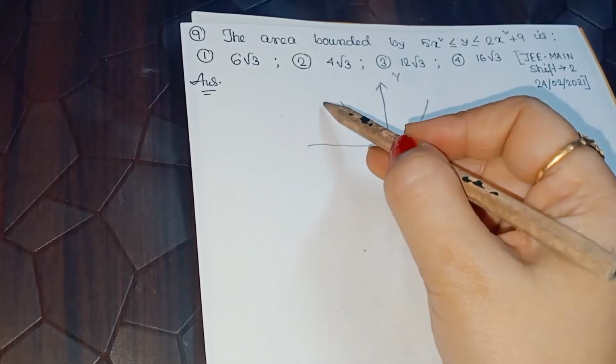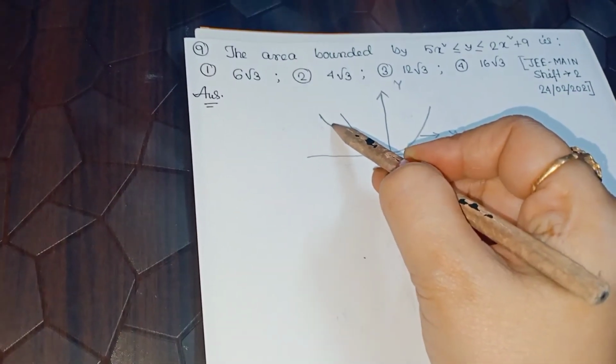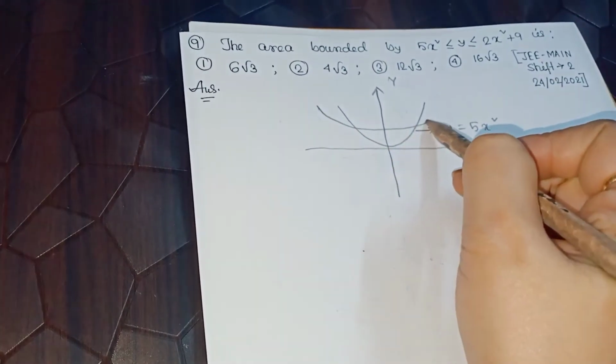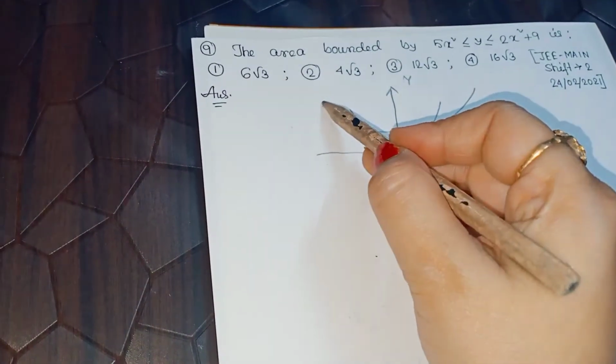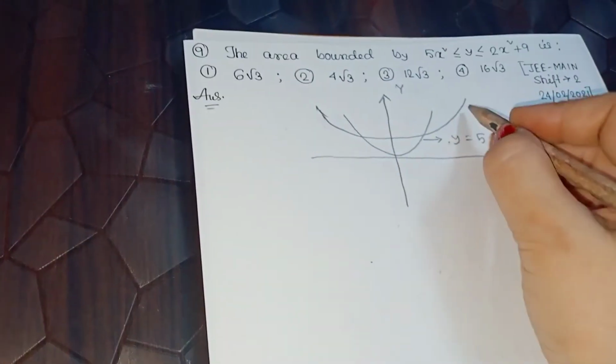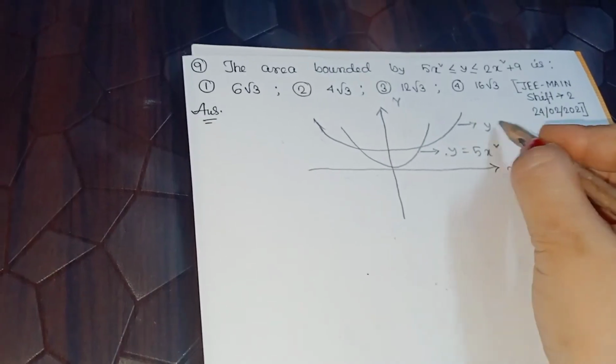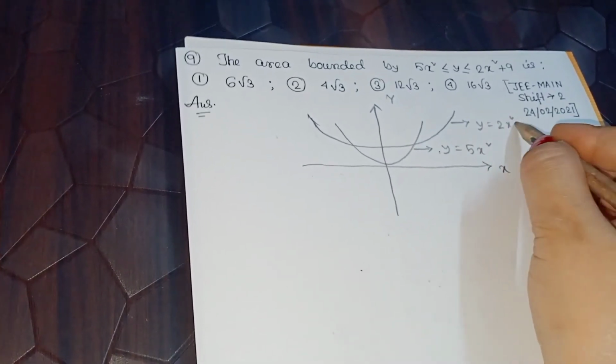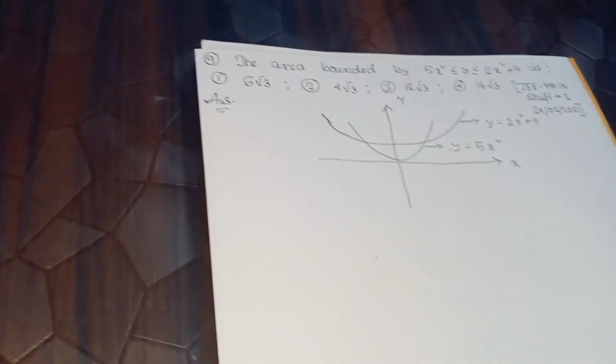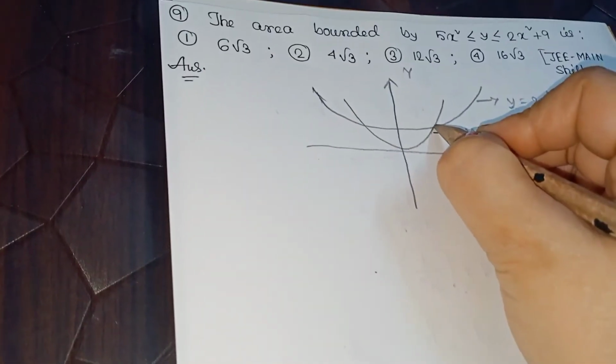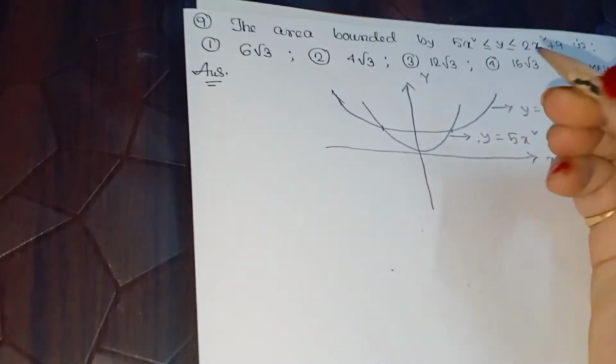So this is the parabola which is defined by y is equal to 2x square plus 9. So the touching point, we should calculate the touching point, this and this.